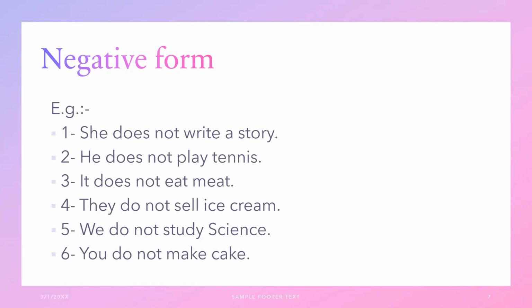Instead, we add es to the word do. She, do plus es, does not write a story. He, do plus es, does not play tennis. It does not eat meat.